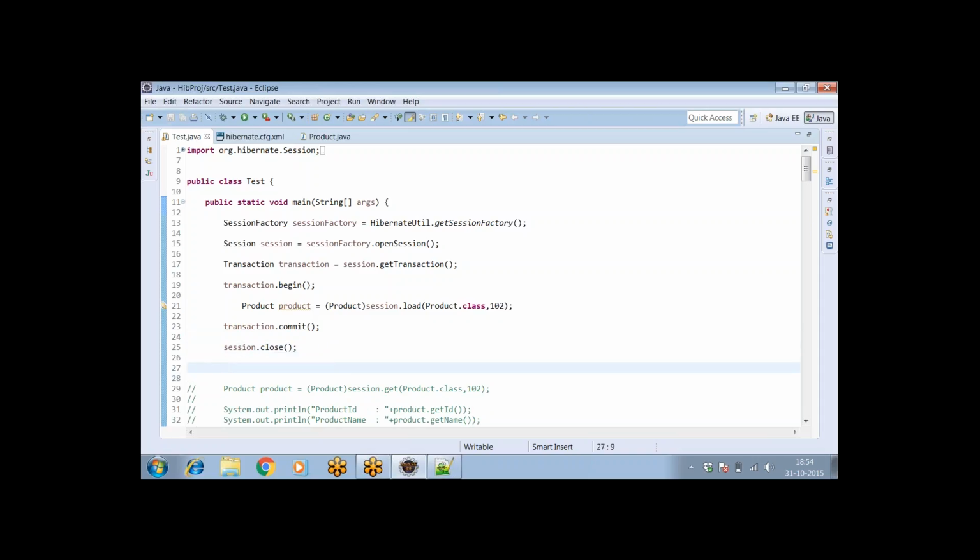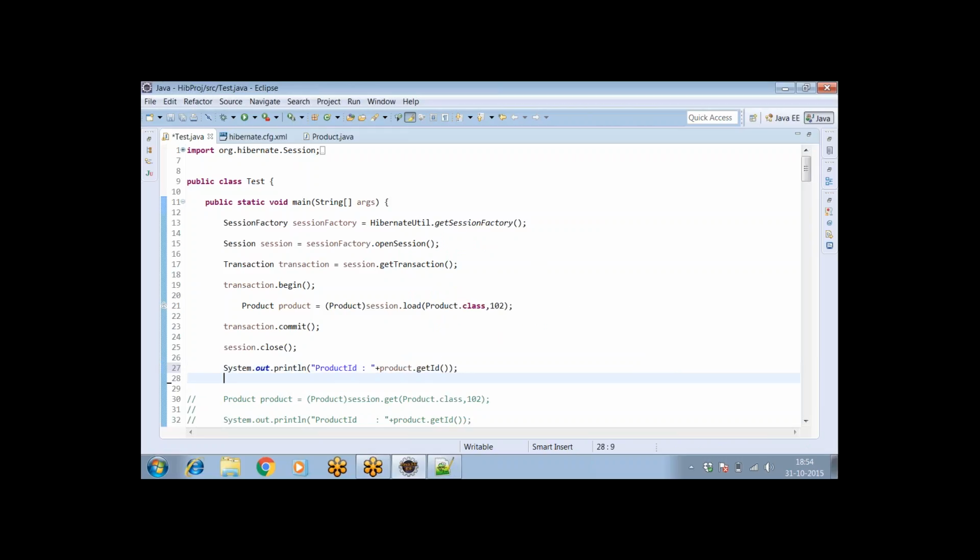I'll prove it. Let me prove that it didn't fetch that record from the database server. What I will do is after closing the session, I'll try to fetch this record.